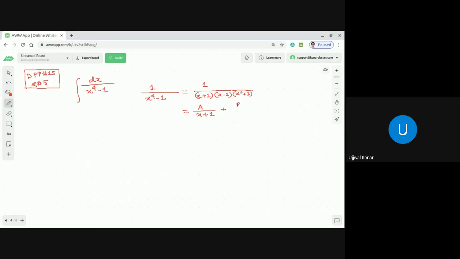Your question is whether it is correct or not. But there should not be any doubt because it comes exactly from the different forms of rational fraction. Correct or not? Yes. And after that you know how to find the values of A, B, C, D and then proceed.